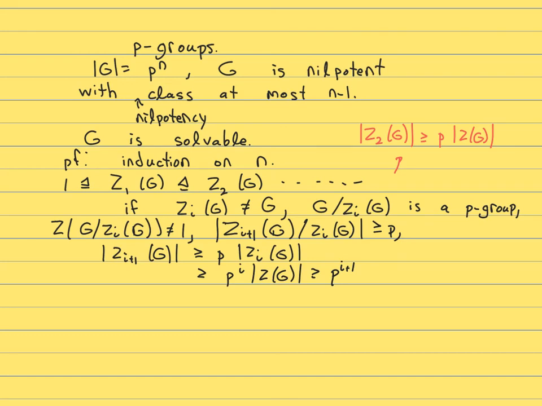So note, that means that in the worst case scenario, you could have Z_i equal to G for i less than n, which would imply that G is nilpotent, with nilpotency class n minus 1.